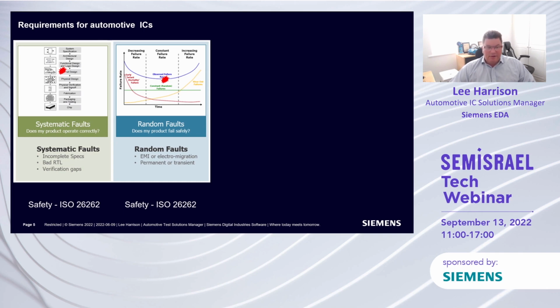Is it constructed correctly? Is it verified correctly? So making sure that there is a process that anybody designing and developing automotive ICs works through to ensure that the outcome of the device is a safe, fully functioning, fully working piece of silicon.